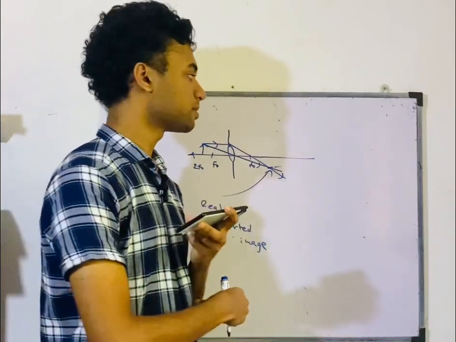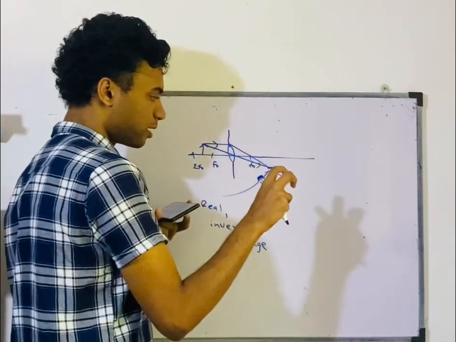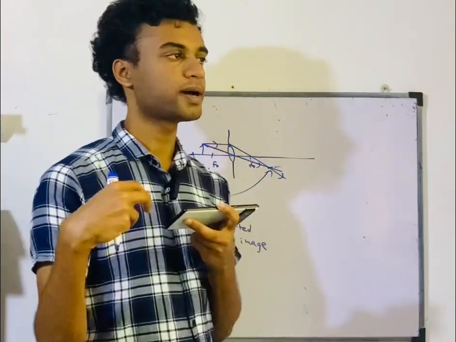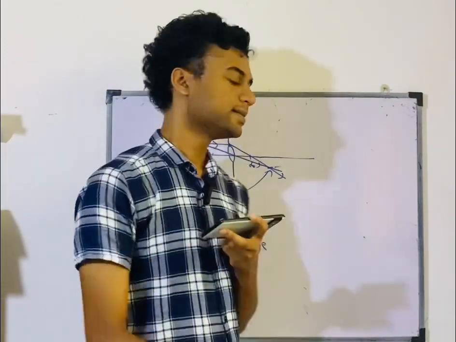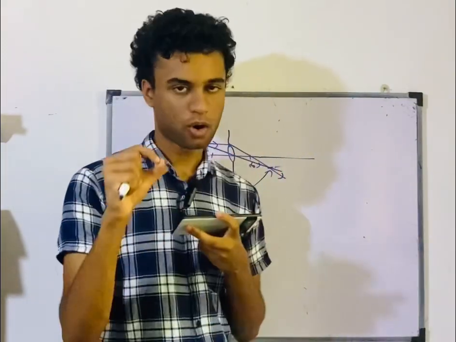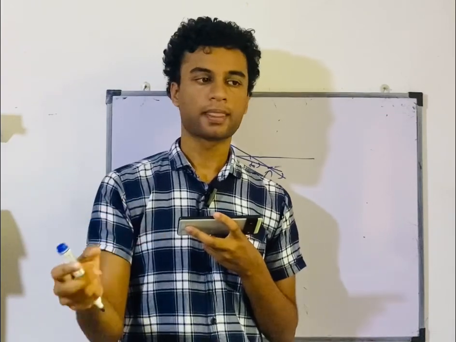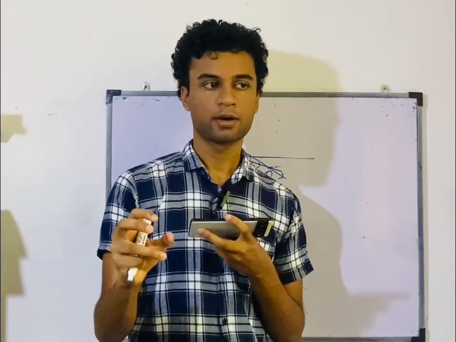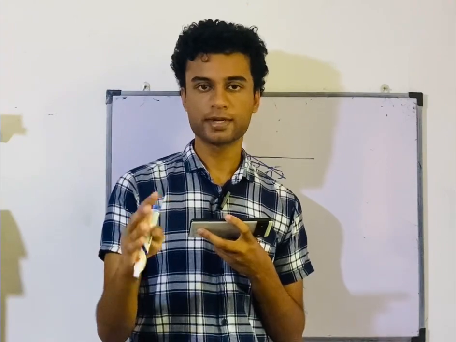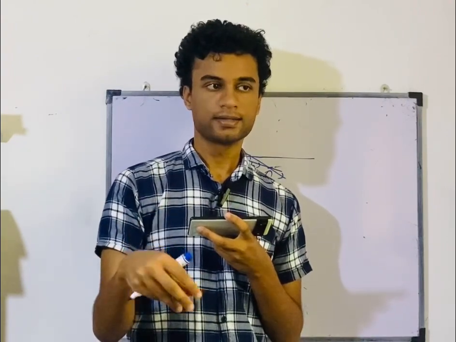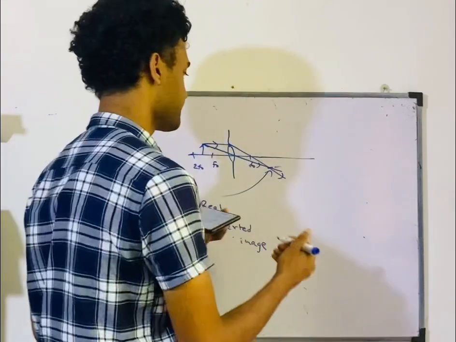So if the eyepiece is going to produce a magnified image which is virtual, the image which is going to act as an object should be there before the focal length of the eyepiece, because it's going to produce an image which is magnified, and also virtual. So let's see.